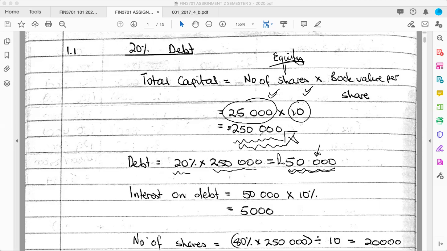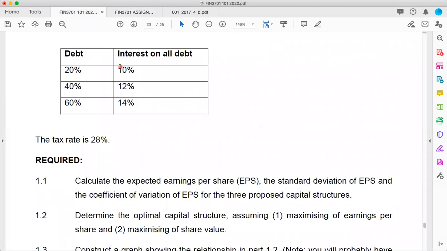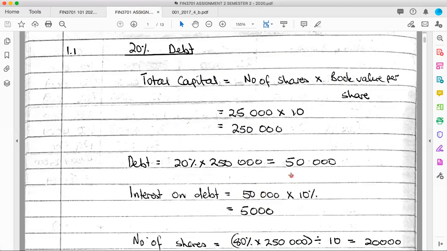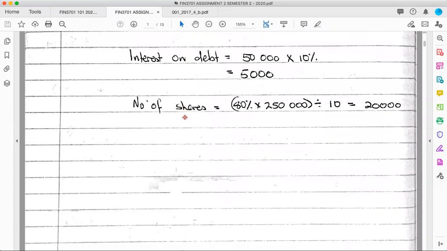And then we were told that when we have a 20% debt ratio, the interest rate that's charged on our debt is 10%. So we then multiply this new debt amount in our capital structure, which is 20% of the total capital, by 10%, and that gives us the interest that we're going to pay on debt when we use a 20% debt ratio.